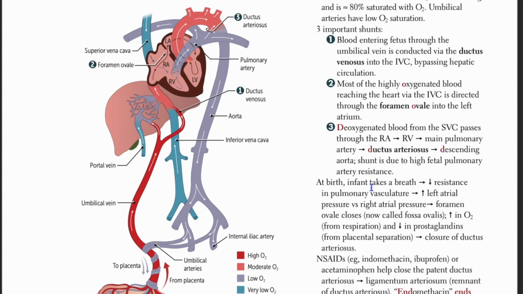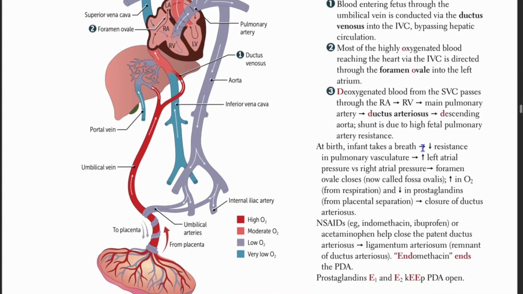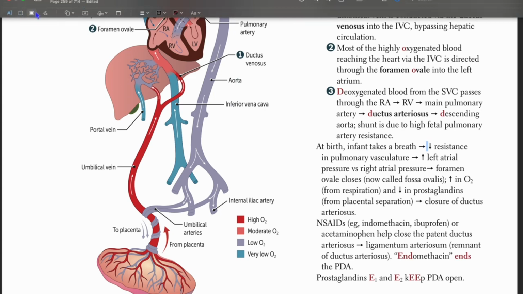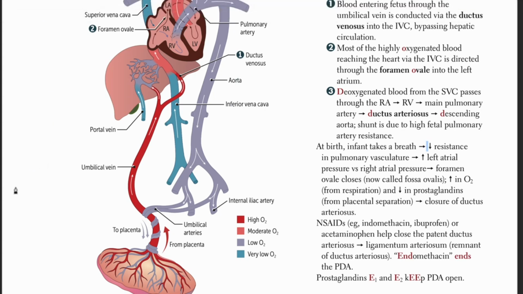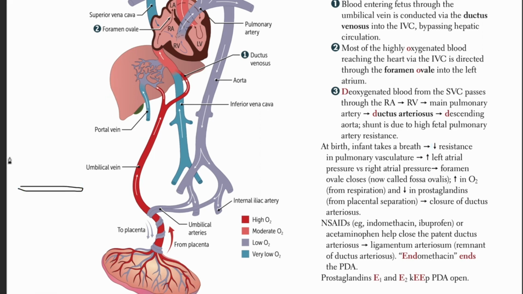Cool. At birth, the infant takes a breath. So when that happens, the lungs inflate, and then the resistance decreases. Because how does the resistance happen, in case you can't make that out? So this is the vessel, and the lung is... imagine all the vessels are like this, right? And it's in the lungs, right? And the lungs are deflated, right?